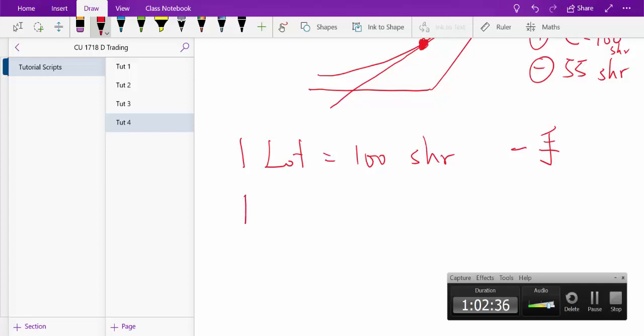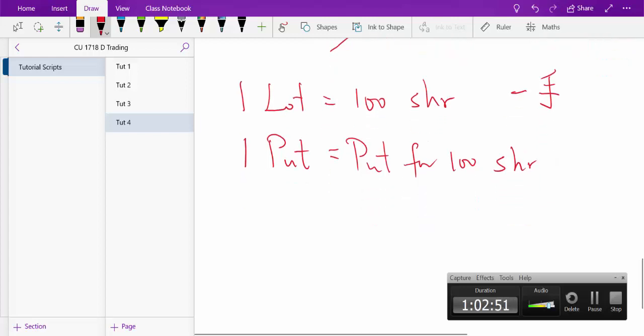And if you buy one put contract, it's put options also for 100 shares. That makes it really handy, because if I know that my option is 50 delta, so the delta is 50, I don't even need to think.